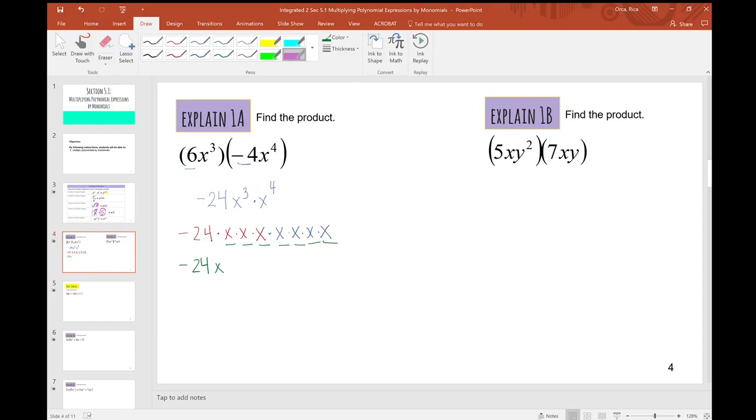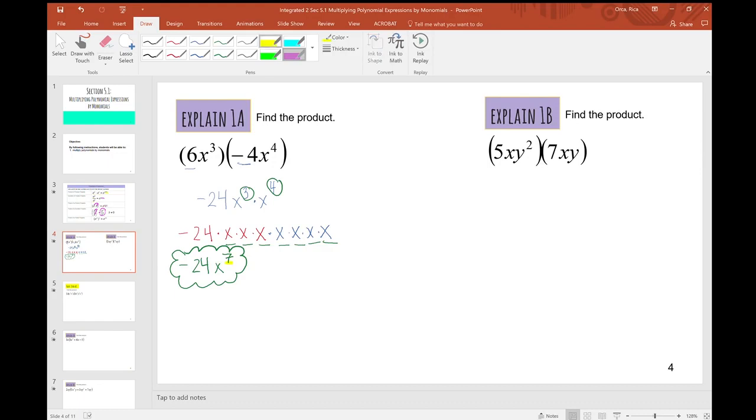So in other words, x to the 7th power. The answer for this problem is negative 24 times x to the 7th power. Now instead of having to expand all the x's, what I could have done from the beginning was just add 3 and 4. 3 plus 4 would give us our 7.